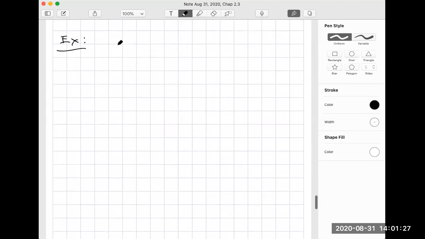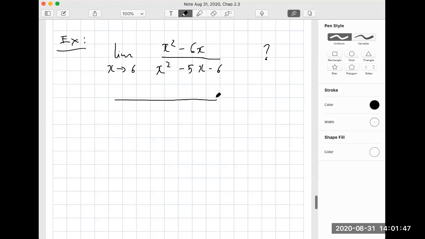Here, we consider the limit of (x squared minus 6x) over (x squared minus 5x minus 6) as x approaches 6. So what is the limit of this guy, right?